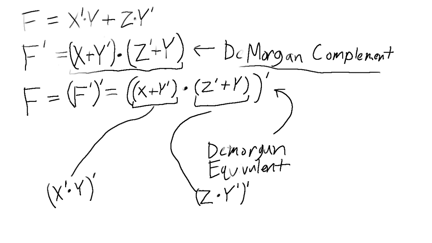So now our final expression, we're getting a little crowded here, but our parentheses here. So we got a big parenthesis, small parenthesis, x not and y, and z and y not, prime.